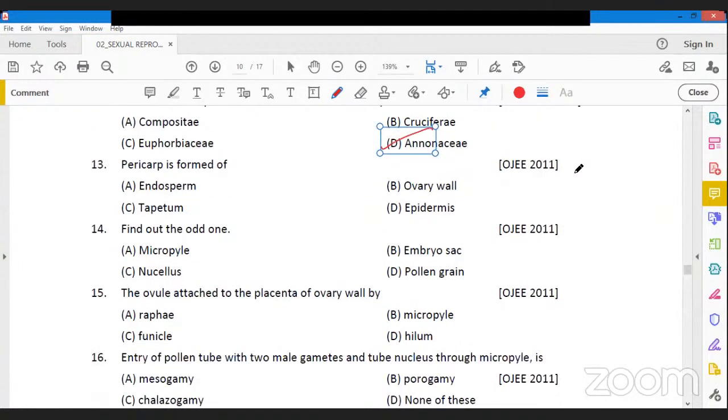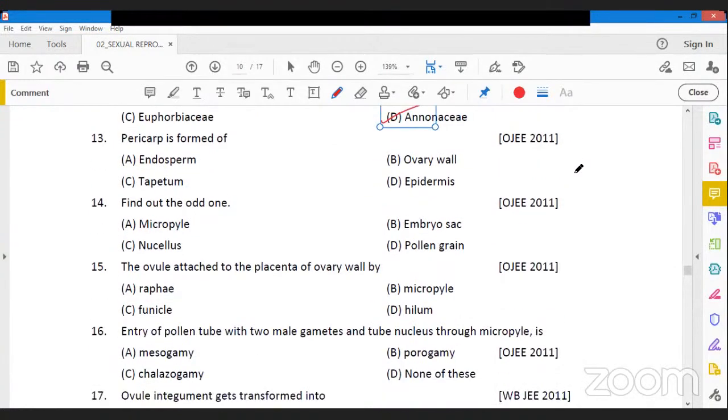So, pericarp is formed of what? Pericarp is basically the fruit wall layers. So exocarp, endocarp, mesocarp.